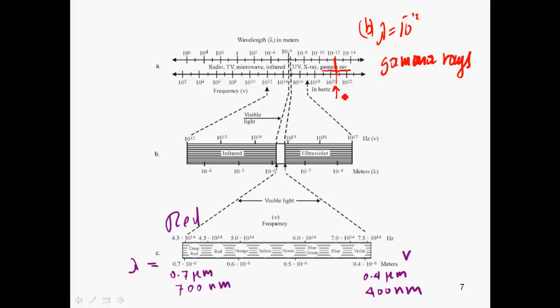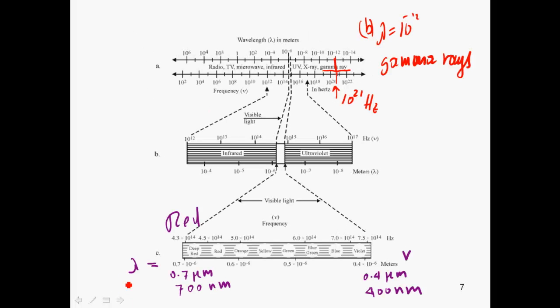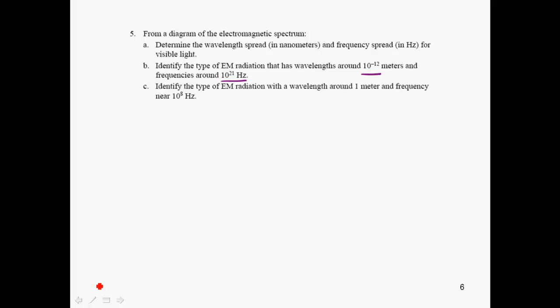See, in that area? 10 to the 21st hertz. Gamma rays. Let's go back. The last question says, identify that, yes. This part? Yeah. 10 to the 21st.